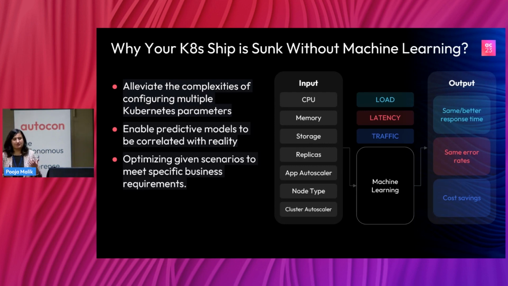You also have to set an application autoscaler. So you need to know whether your application is a memory-intensive app or a CPU-intensive app, and at what percentage of memory or CPU or some other factor you need to scale up. And you also have to determine the node, what instance type you have to use. You also have to set up the cluster autoscaler.